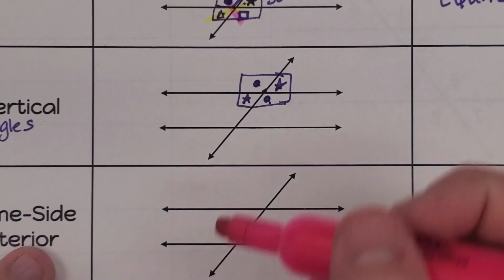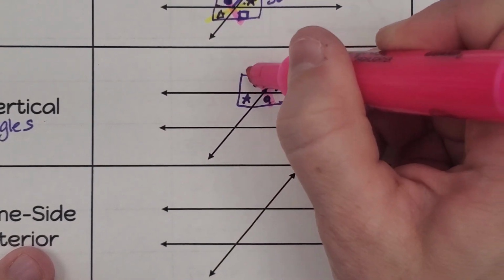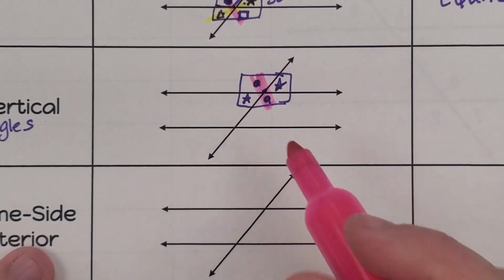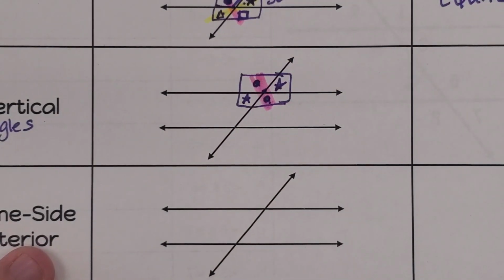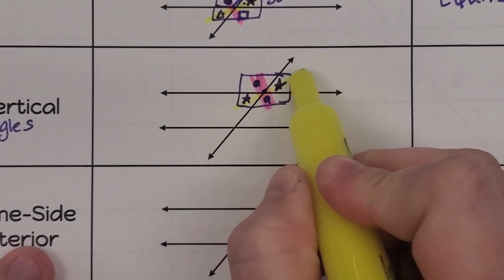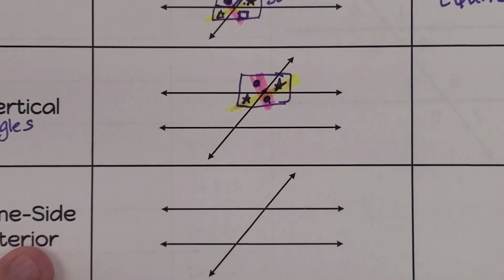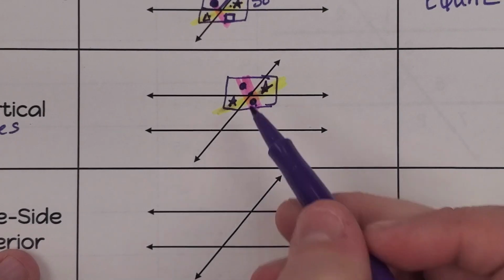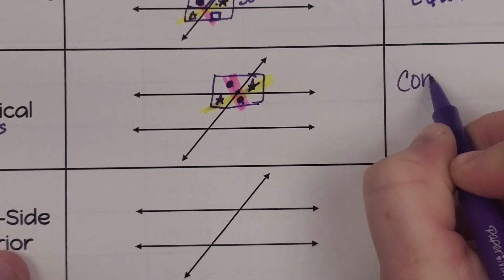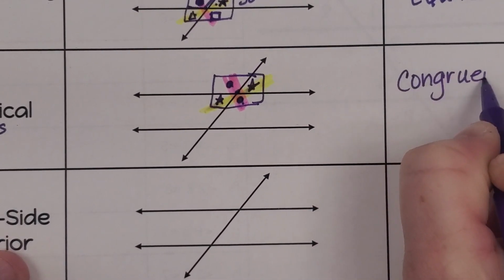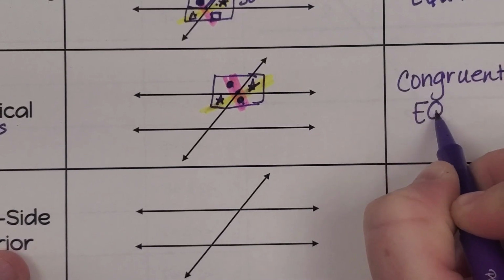So going back to my highlighting, I can see that vertical angles would be the same color as well. With vertical angles being the same color, that means that they are congruent, so they would be equal to each other.